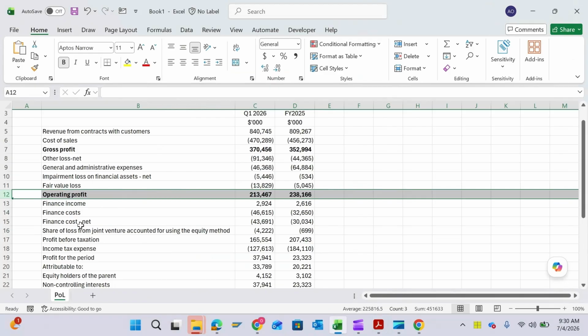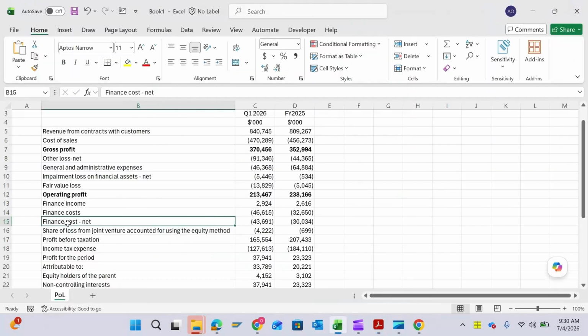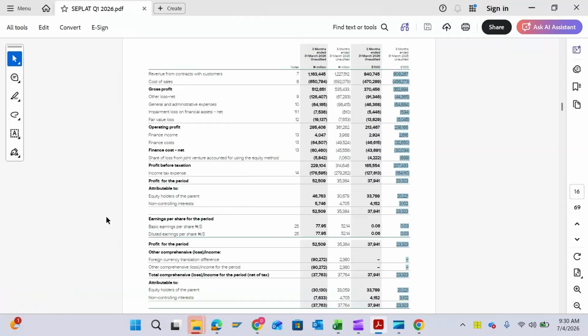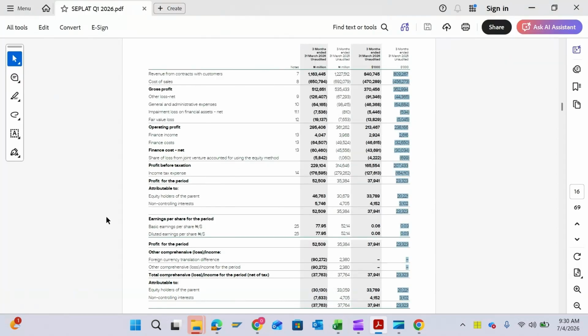Operating profit is after removing every other loss and every other expense that is not captured under the cost of sales. That's when you have your operating profit.